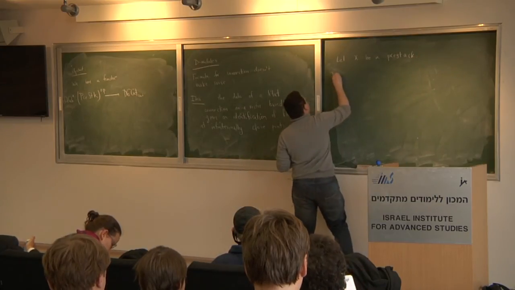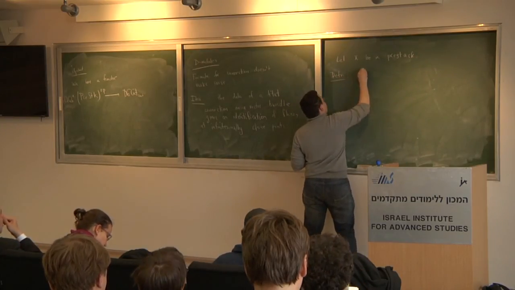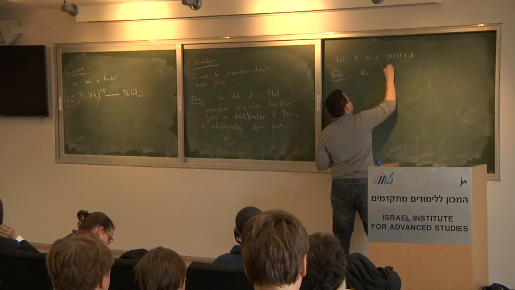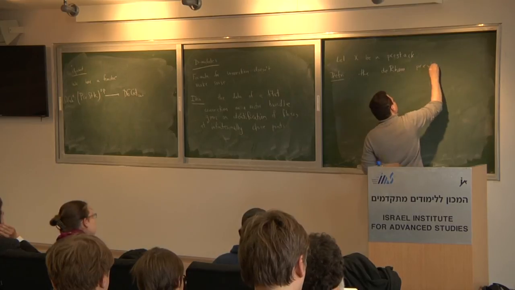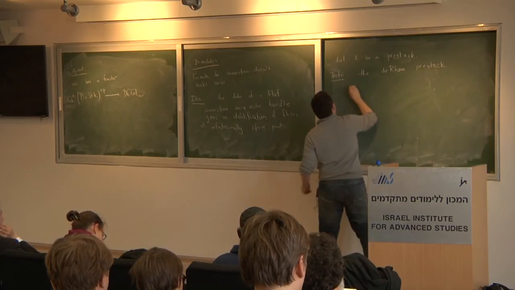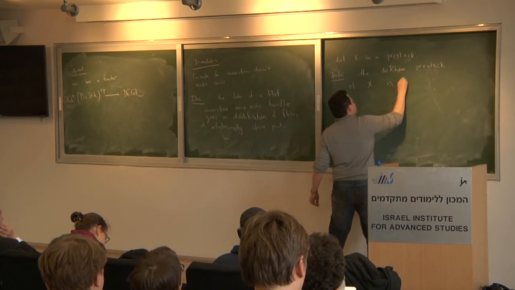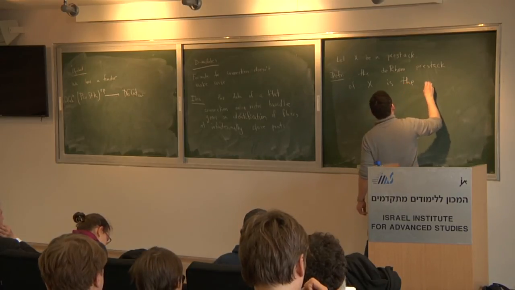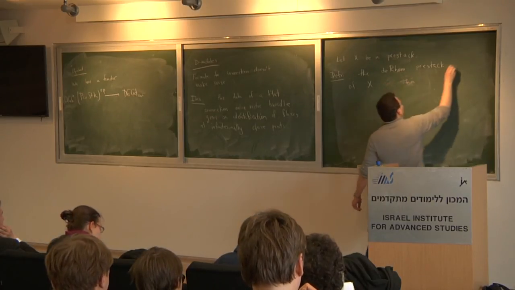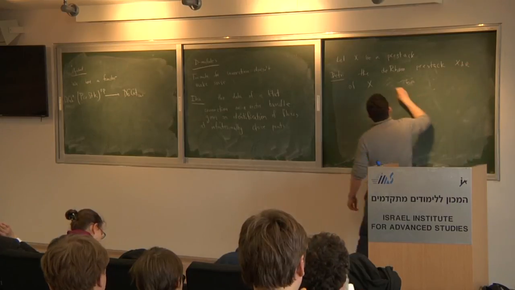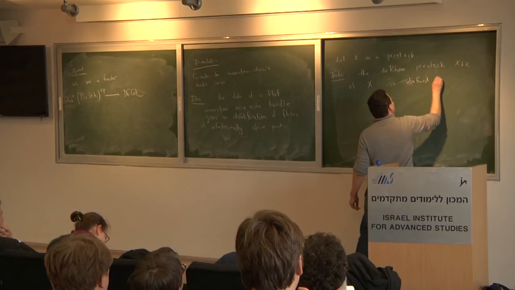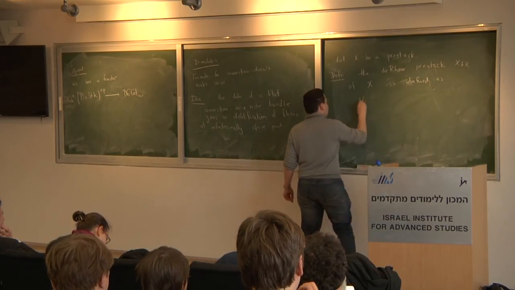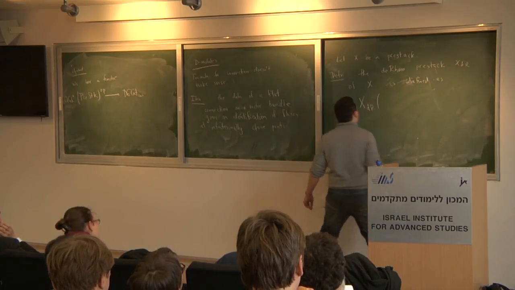So, definition: the de Rham prestack of X, let's call it X_dR, is defined as... well, I need to say what X_dR of a ring is.